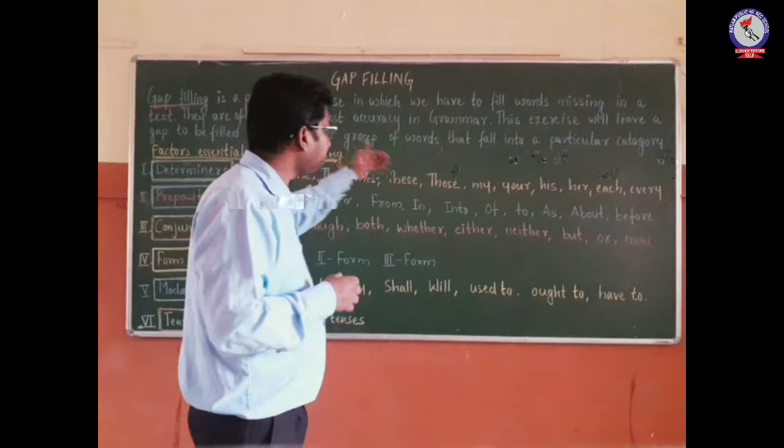Now let us see the second essential factor, which is prepositions. Prepositions are the words that show us the relationship. Now see here: at, on, by, for, from, in, into, of, to, as, about, before.